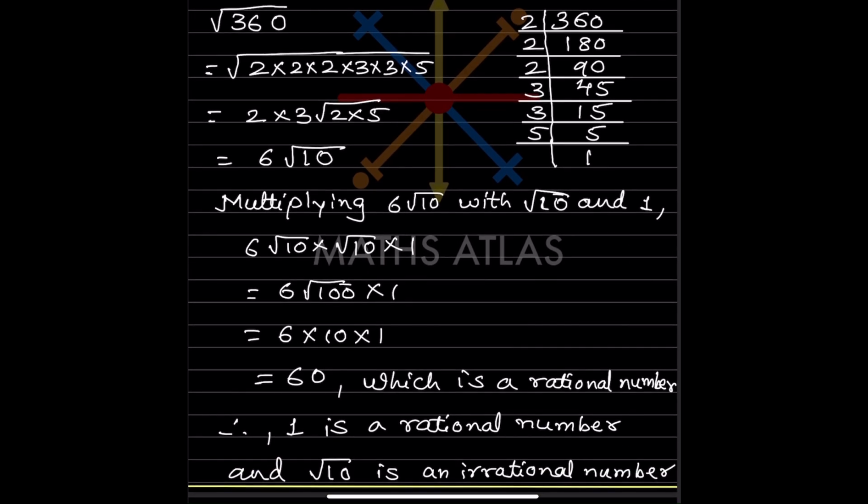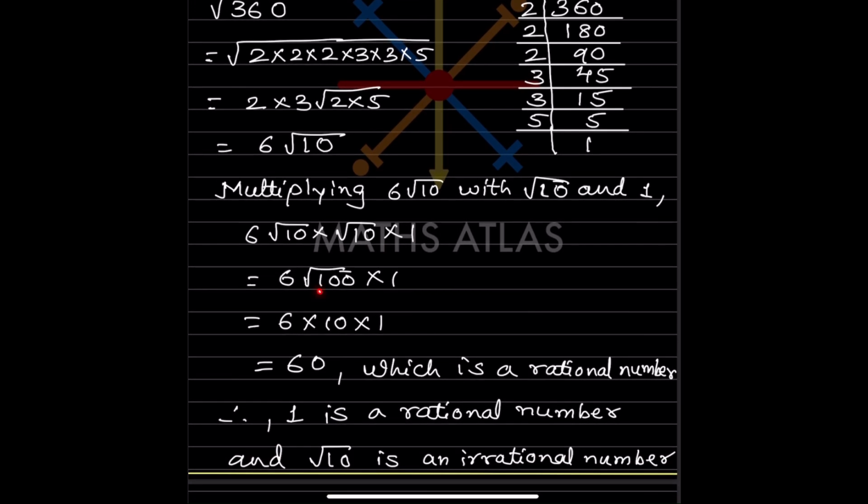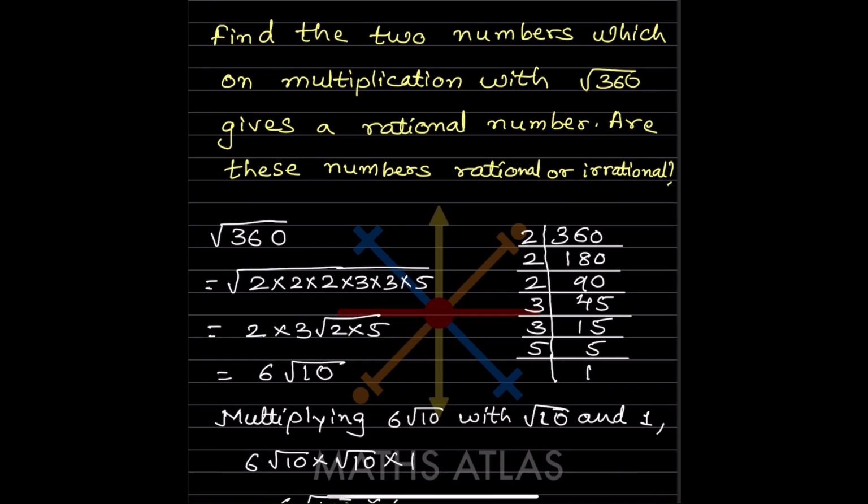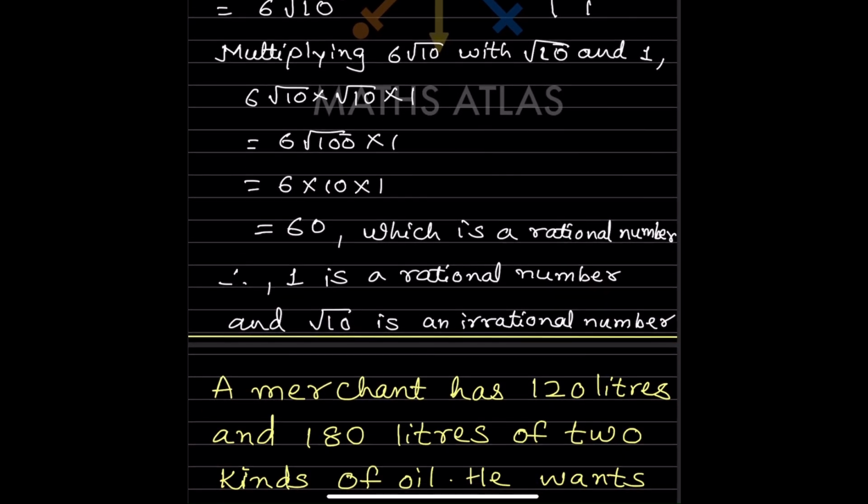So 6 into root 100, that is 10, so this is going to be 60. This 60 is a rational number. And therefore 1 also is a rational number, and root 10 is an irrational number. That is what they asked: find the two numbers, and are these numbers rational or irrational.